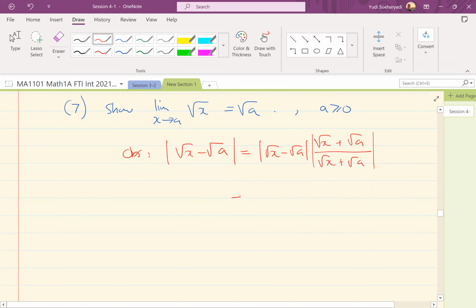But with these multiplications, the value you have there. We don't need the absolute value here because it's positive.